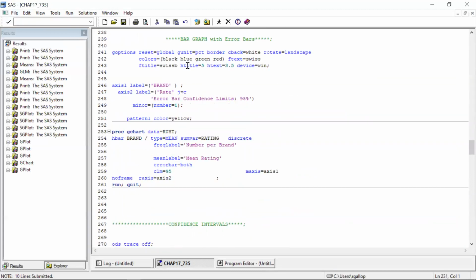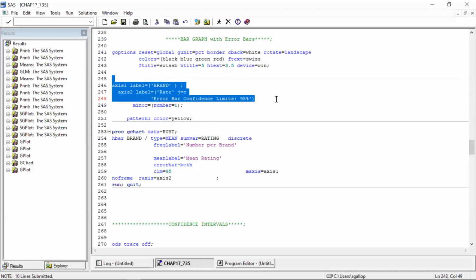Now this one, this plot I kind of like that I show you guys, this is G chart, right? So giving you guys a little bit of a template of it. So we're going to get the axis label for the brand, the label for the Y variable, pattern yellow.